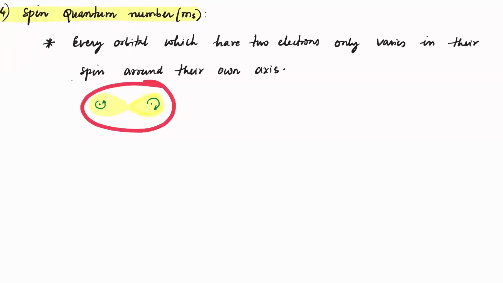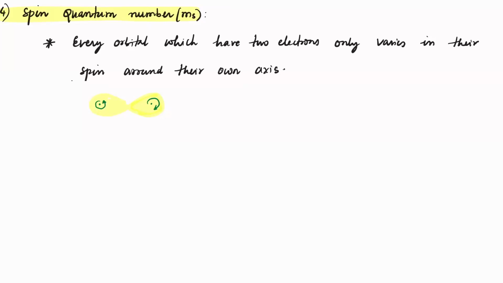So the spin quantum number suggests an electron within the orbital is going to have either a clockwise spin or an anti-clockwise spin on its own axis. This is one way of explaining it.